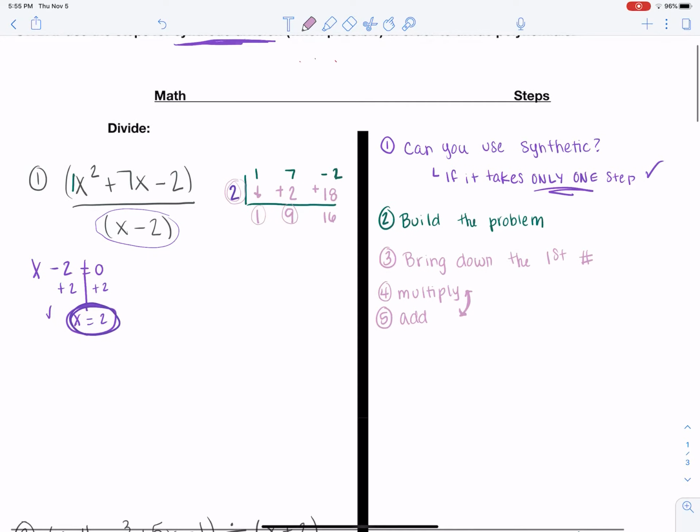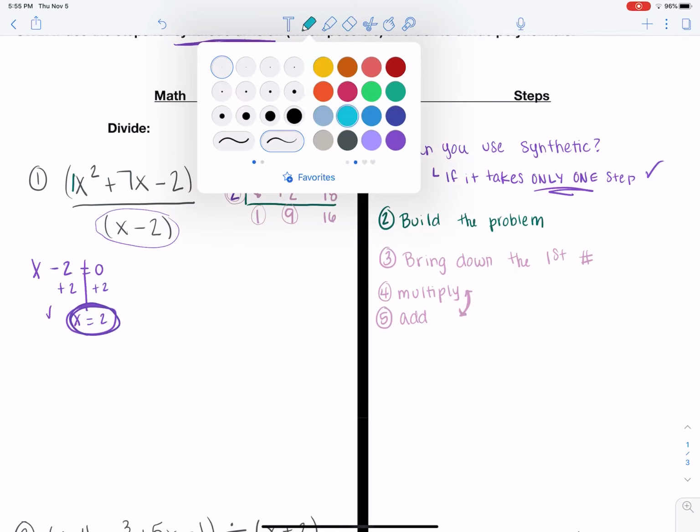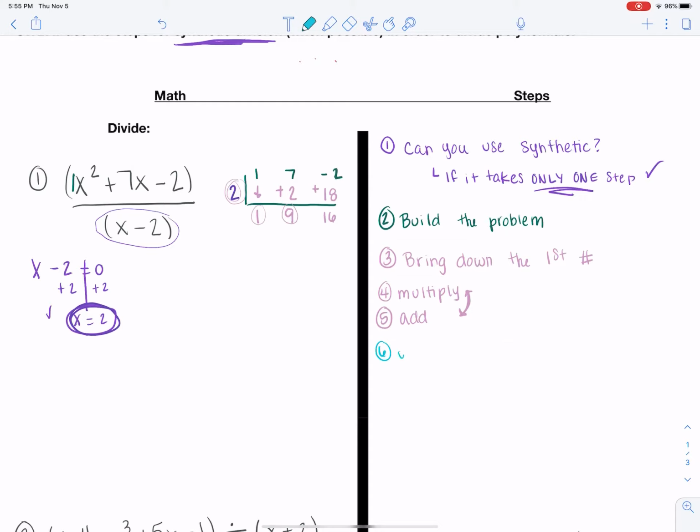So step 6 is to write the final answer. Now, this is kind of hard to put into words, but basically, we have to know where to start. We know the coefficients are 1, 9, and 16, but we don't know what the x's are that follow.